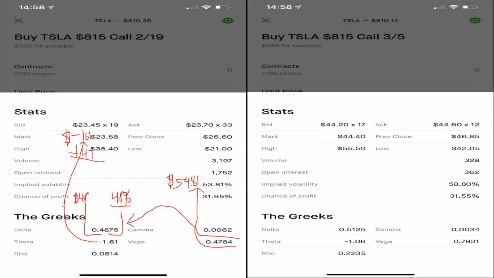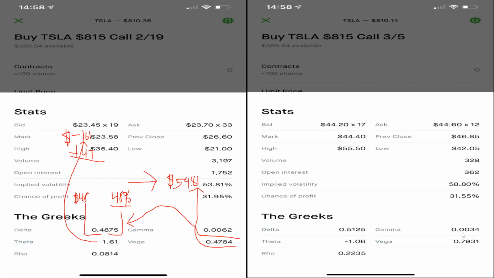So all you need is Tesla to go up about $2.50, and the IV to go up 1%, and that would completely negate your time decay. Pretty neat, right? So now we see delta, how gamma plays into it, what theta does up here, strict time decay, and how Vega is brought in by changing the rate of change based on the implied volatility. And that's exactly how Vega works.